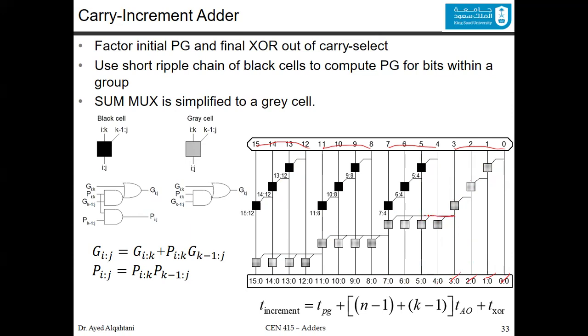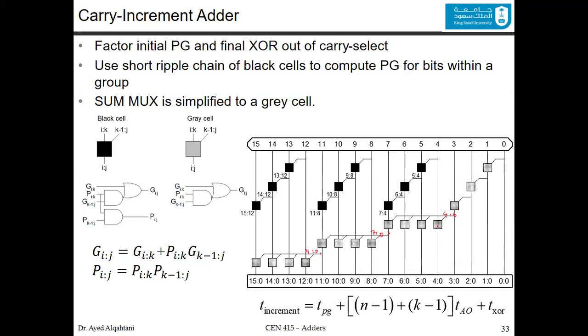Here, you have from 0 to 4. Similarly, here you have from 0 to 7. And here you have from 0 to 11. Now, here is the beautiful thing about the carry increment adder.